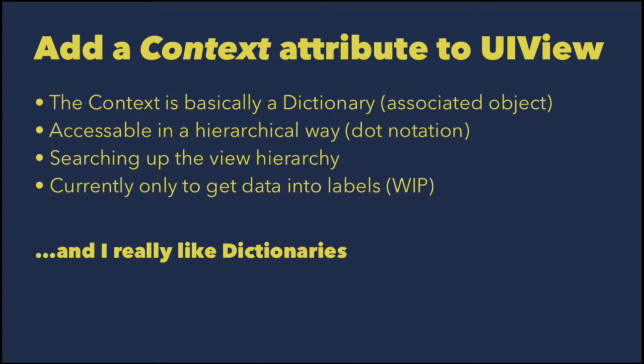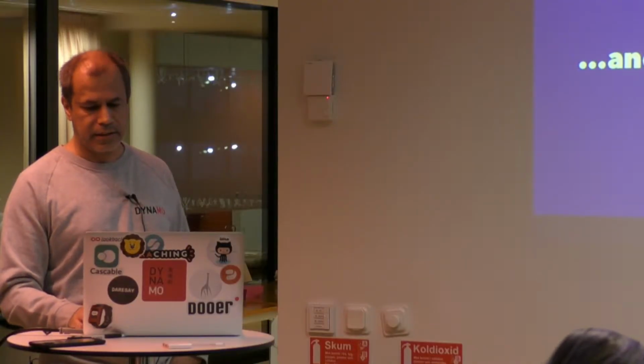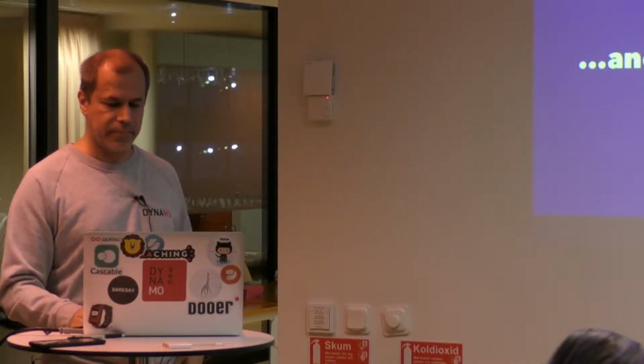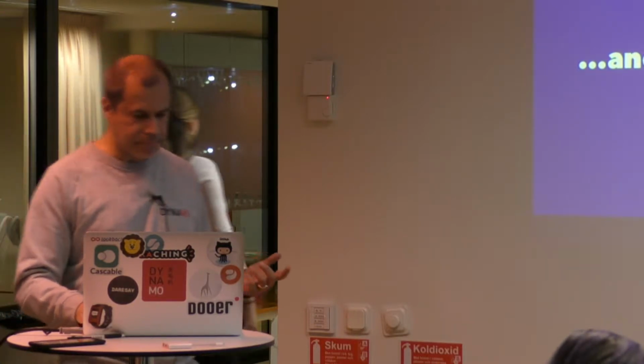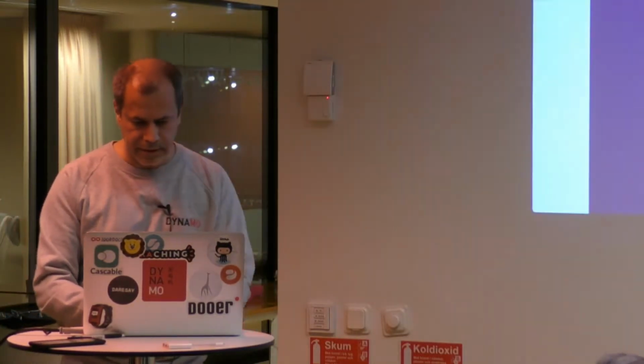In the view hierarchy, I can search upwards. Maybe I can show this more in the demo. Right now it's work in progress, and I'm just putting data into labels. So let's see the demo.